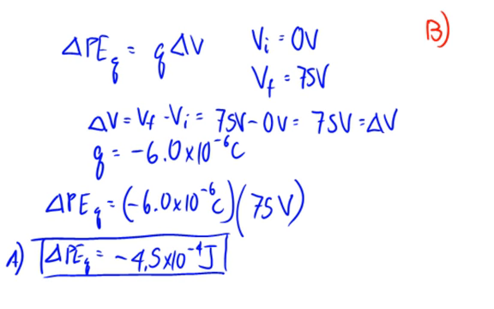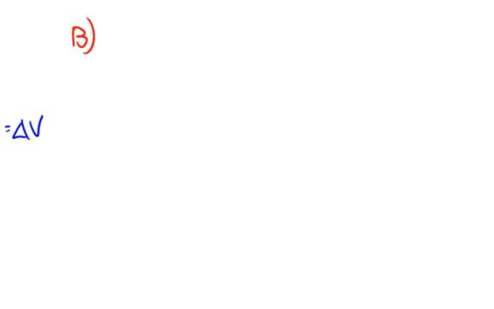Now in part B, we're asked about what's happening with the electric field. I don't know what the electric field looks like in this case, but to help me think about the problem, I'm going to draw some electric field lines and show where the voltage would be in this situation.